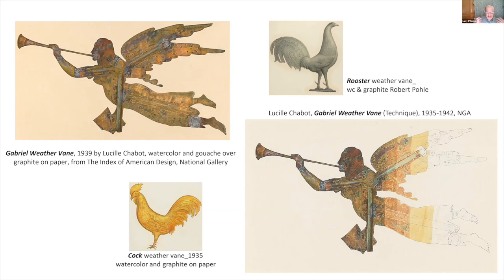So there are over 18,000 of these watercolors in this Index of American Design at the National Gallery, which actually is accessible online. So I dove into that little treasure trove and looked around.